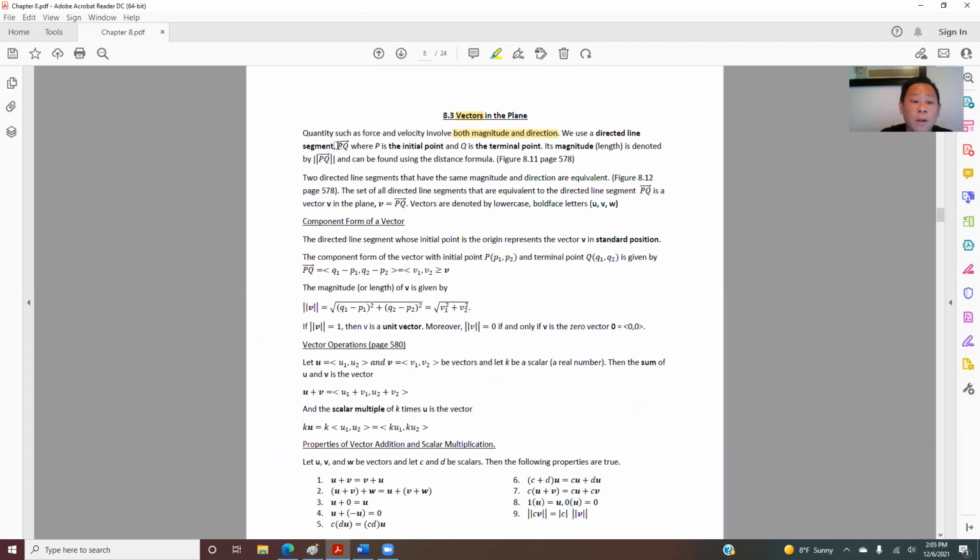A vector is written as PQ with an arrow on it, where P is called the initial point and Q is called the terminal point. The magnitude, which is the double absolute value of PQ, is the distance from P to Q. So we will use the distance formula.